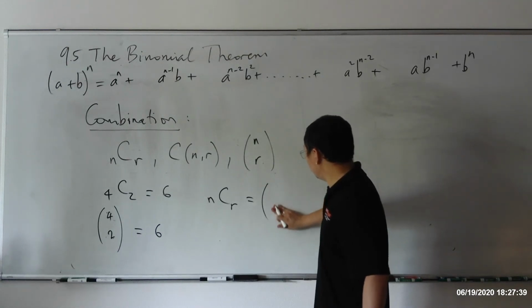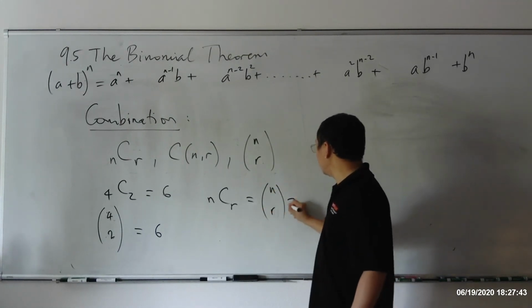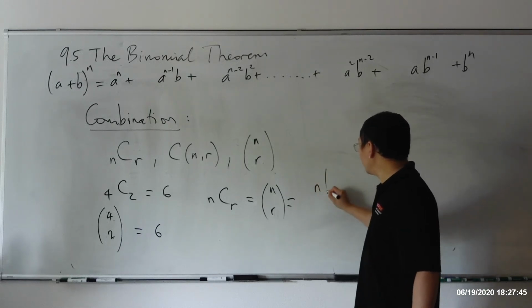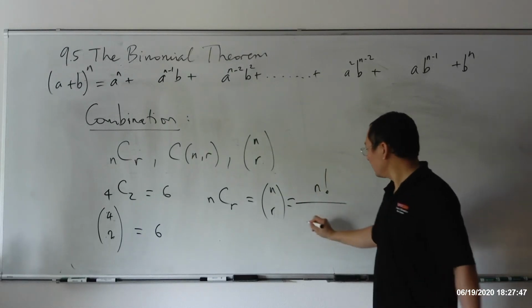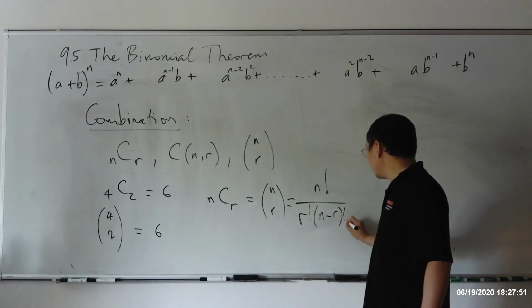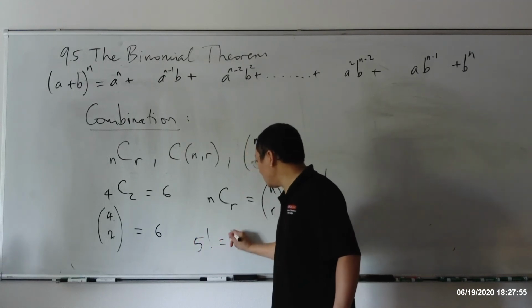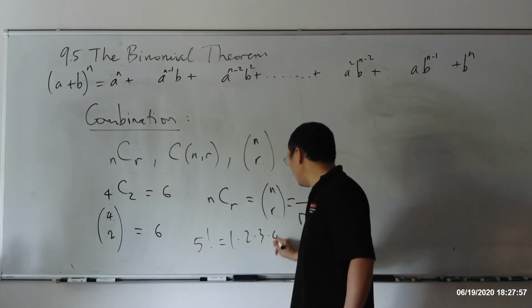It's n up here, r down here. N choose r is equal to n factorial divided by r factorial times n minus r factorial. And recall 5 factorial means 1 times 2 times 3 times 4 times 5.